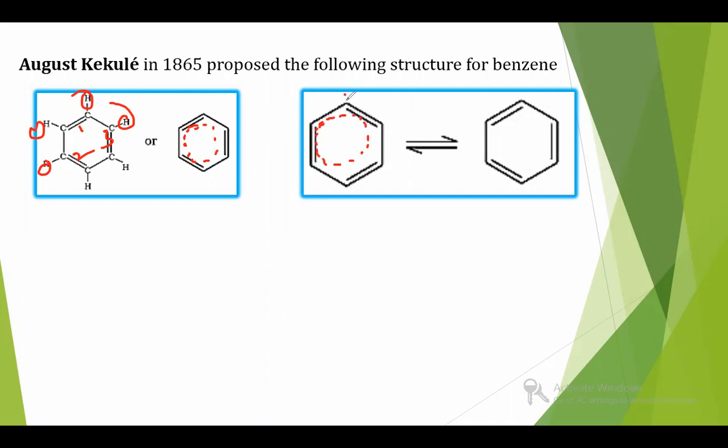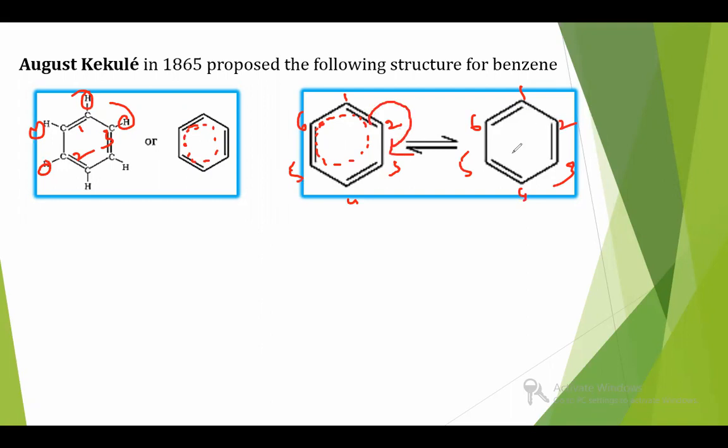In the first structure, the carbons are numbered 1, 2, 3, 4, 5, 6, and here also 1, 2, 3, 4, 5, 6. So carbons 1 and 2 have a double bond. After a few seconds, this double bond will shift here.